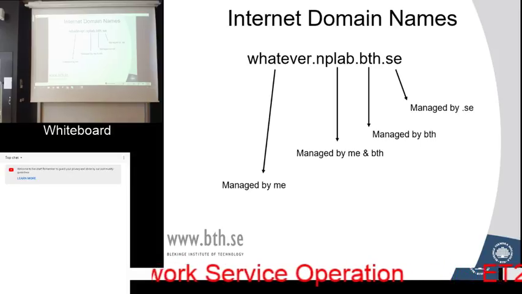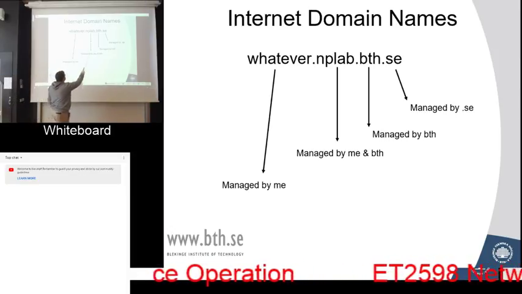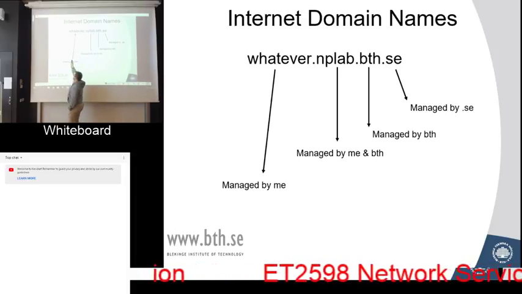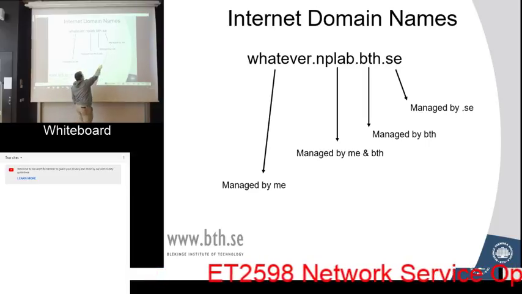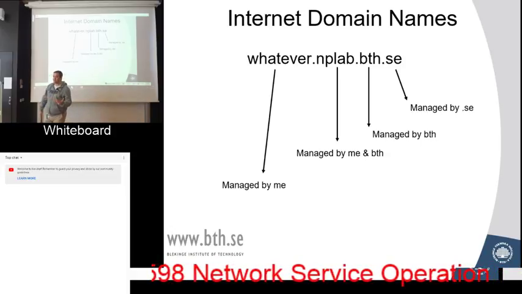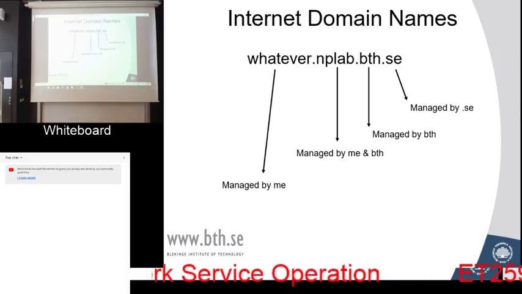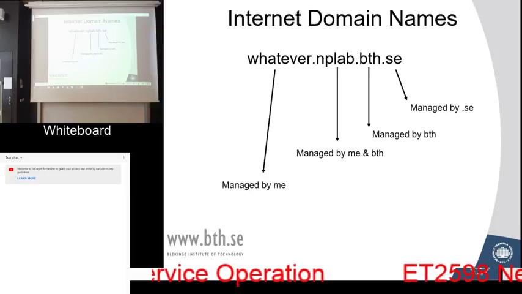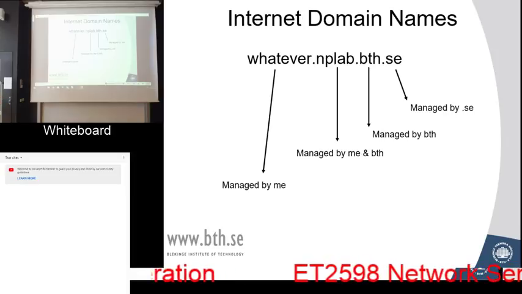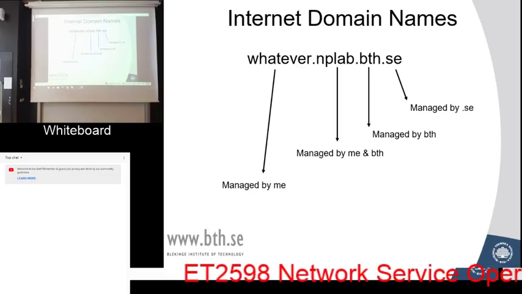So, an example. In this case, the site would be mplab.bth.se and whatever is the local. .se is the top level domain in Sweden. This is managed by .se, the Internet Foundation in Sweden. BTH, which is a domain, is managed by BTH and SUNET, the Swedish University Network, but primarily BTH.